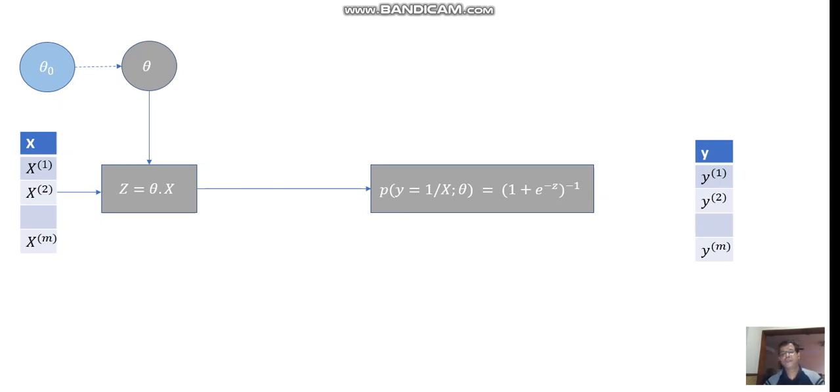By this transformation, if we feed a value of x, it will take the value of theta and calculate the probability of y equal to 1.